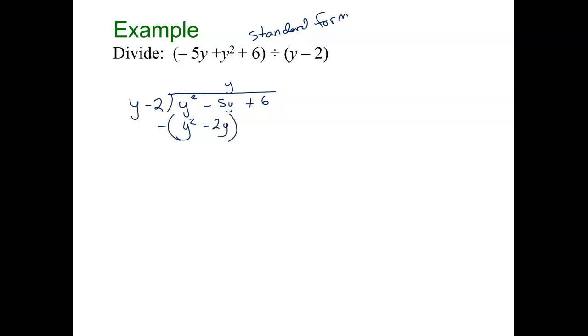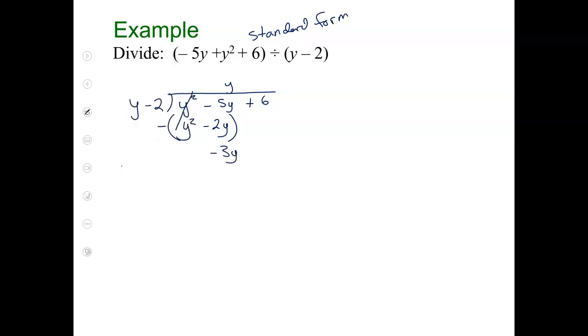Y squared minus y squared. 0. Negative 5 minus negative 2. Negative 3y. Negative 5 minus negative 2. That means I'm adding 2. Negative 5 plus 2. Negative 3y.